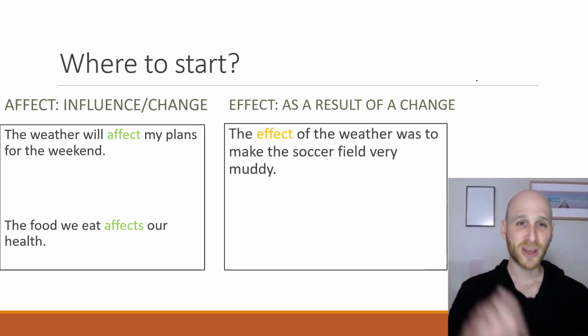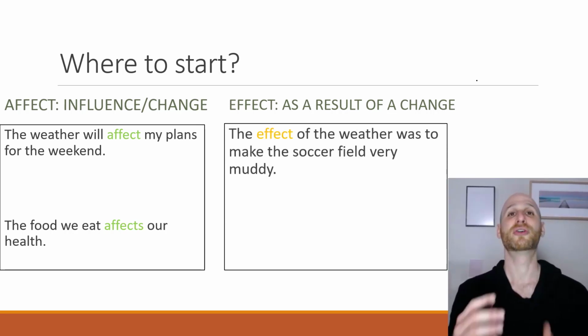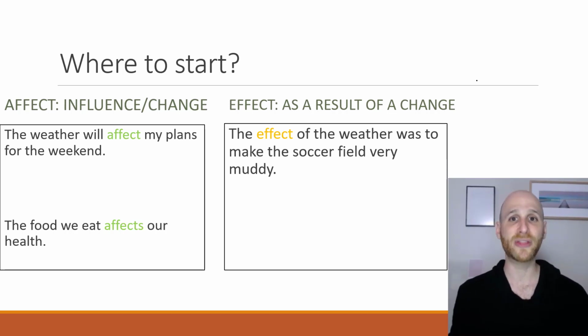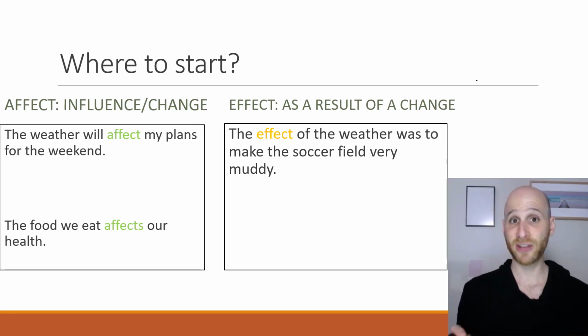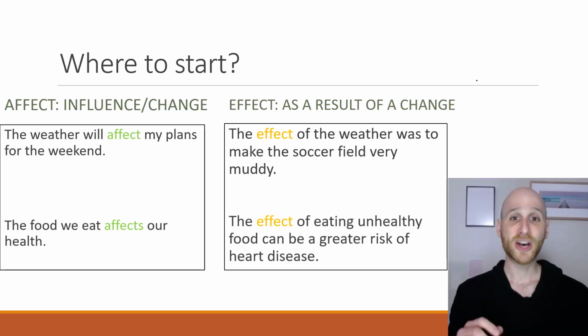Effect. The effect of the weather, the result of the change in the weather, was to make the soccer field very muddy. The change was the weather. The effect was to make the soccer field very muddy. The effect of eating unhealthy food can be a greater risk of heart disease.